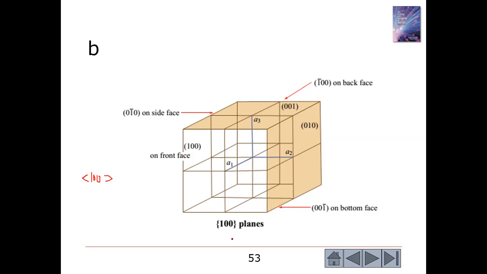But when we write the same thing for planes, we enclose it in braces. Clear? So now what does it mean? The 100 group of planes, it's plural, right? Similar planes. So when you're talking about similar planes, you enclose it in braces. When you're talking about similar directions, you enclose it in carets.